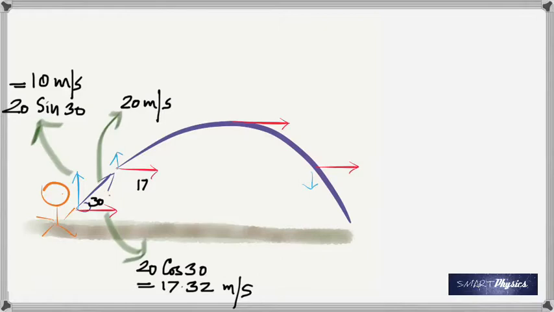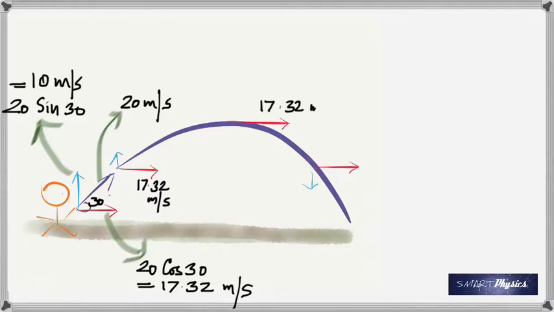But what is important here is to understand that the horizontal component never changes. The horizontal component remains constant throughout the motion. So it's going to stay at 17.32 meter per second throughout the motion.